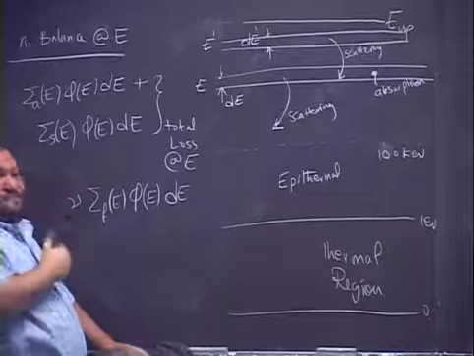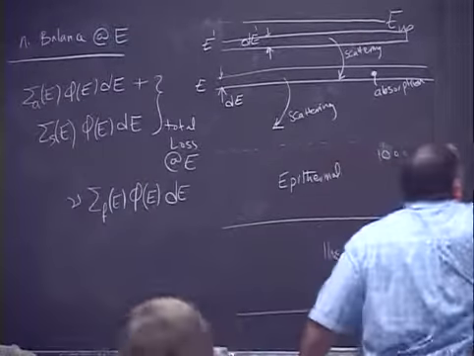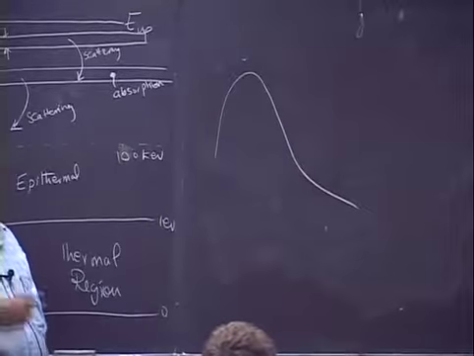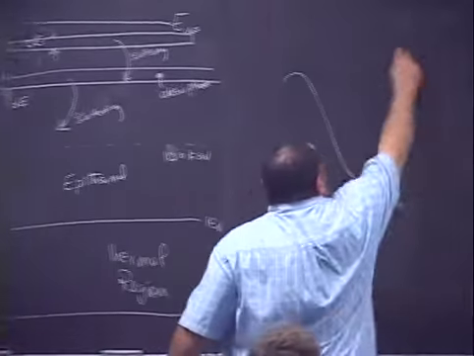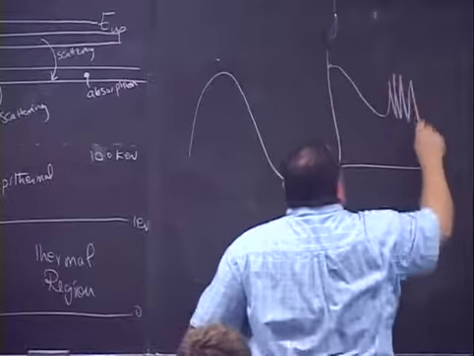But when I have a fission at energy E, I get a distribution of energies for the neutrons. Yes? If I have a fission, let's say I have the fission cross section is like this.